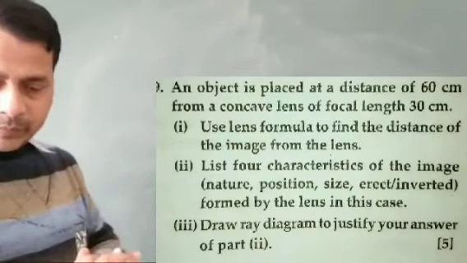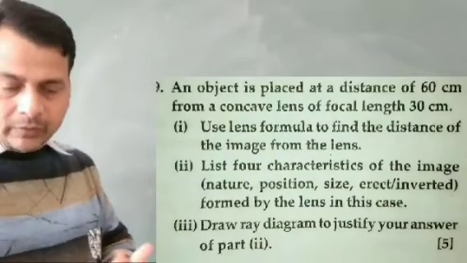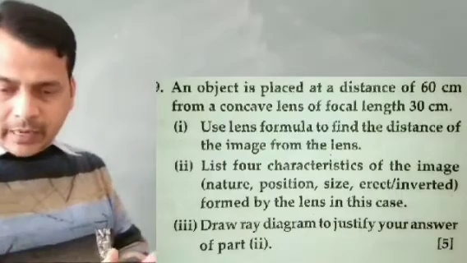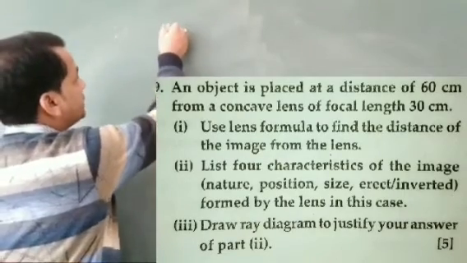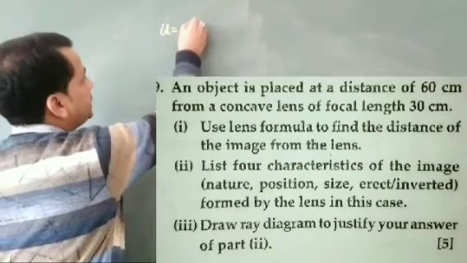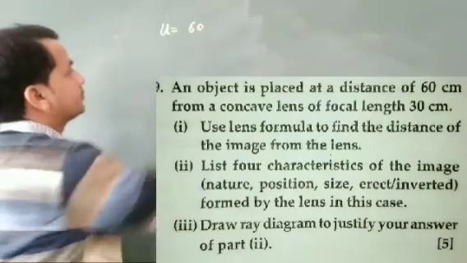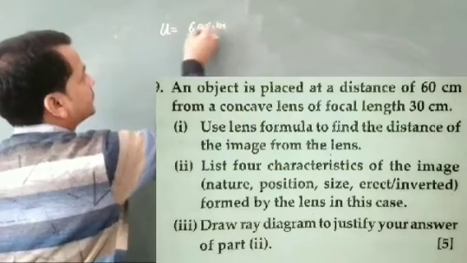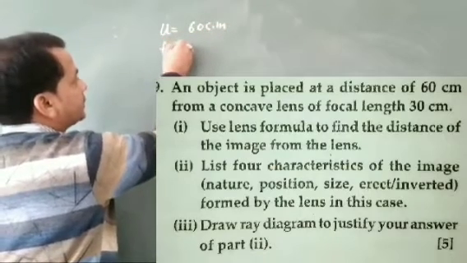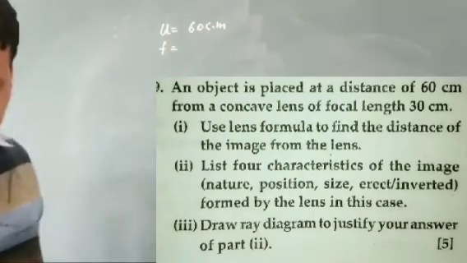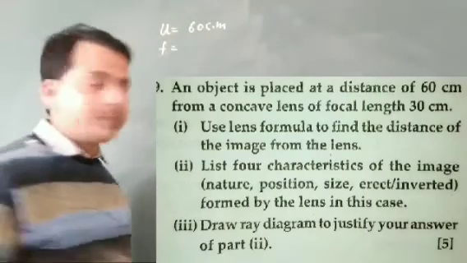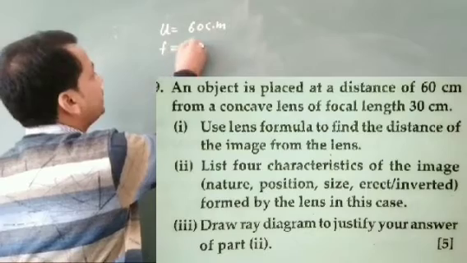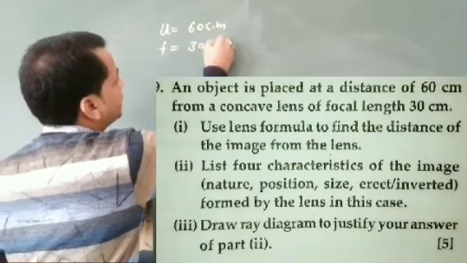So the object distance is 60 cm and the focal length is 30 cm.